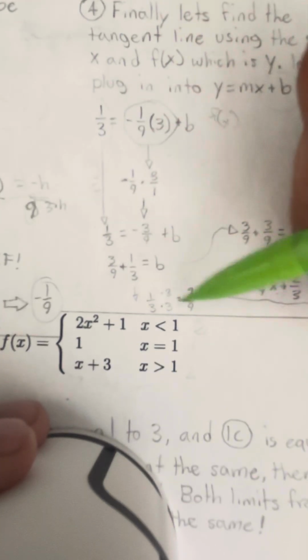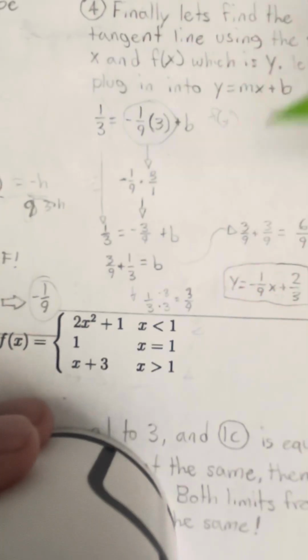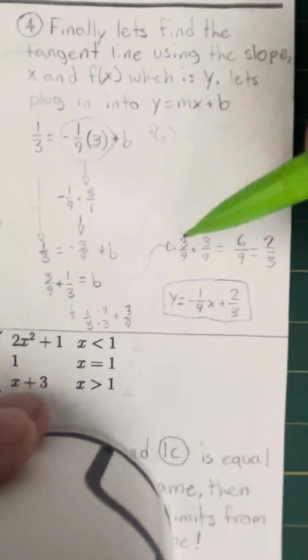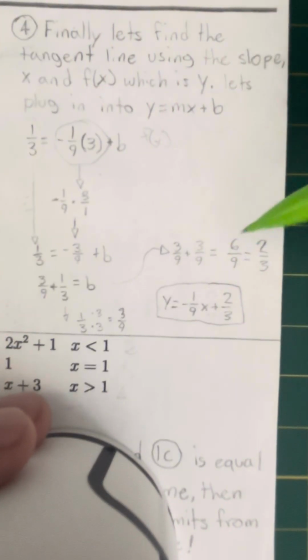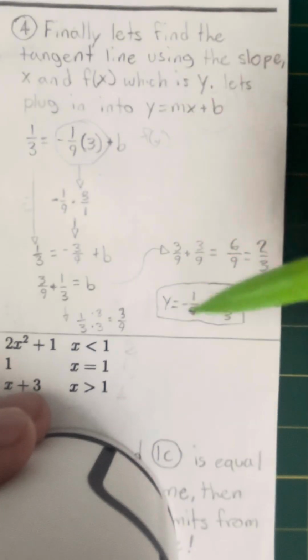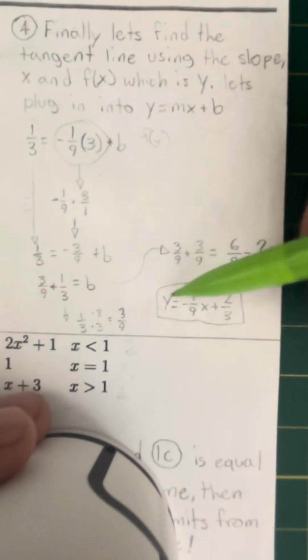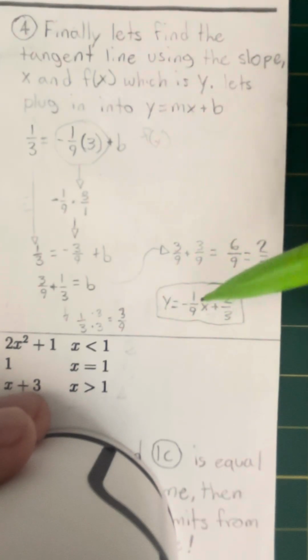So 3 times 3 is 9. 1 times 3 is 3, meaning we do 3 over 9 plus 3 over 9, which equals 6 over 9. And then simplifying this, we know that this is 2 over 3. So that means that the tangent line for this problem would be y equals negative 1 over 9 x plus 2 over 3.